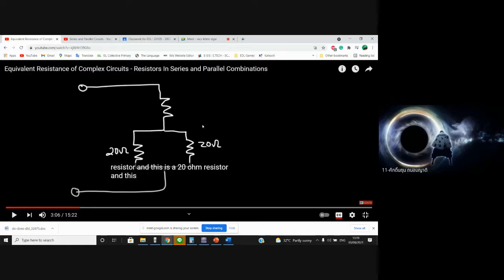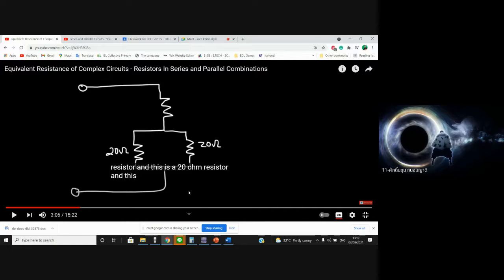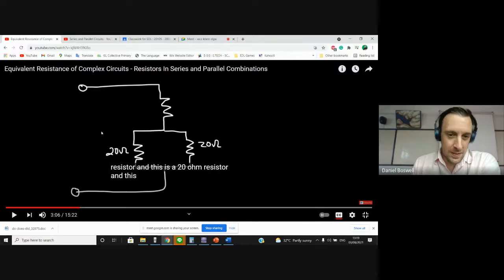Number 1? Okay. This microphone not working too. Okay, number 2? Okay, buddy. So these here, this 20 ohm resistor and this 20 ohm resistor, are they in series or parallel to each other?